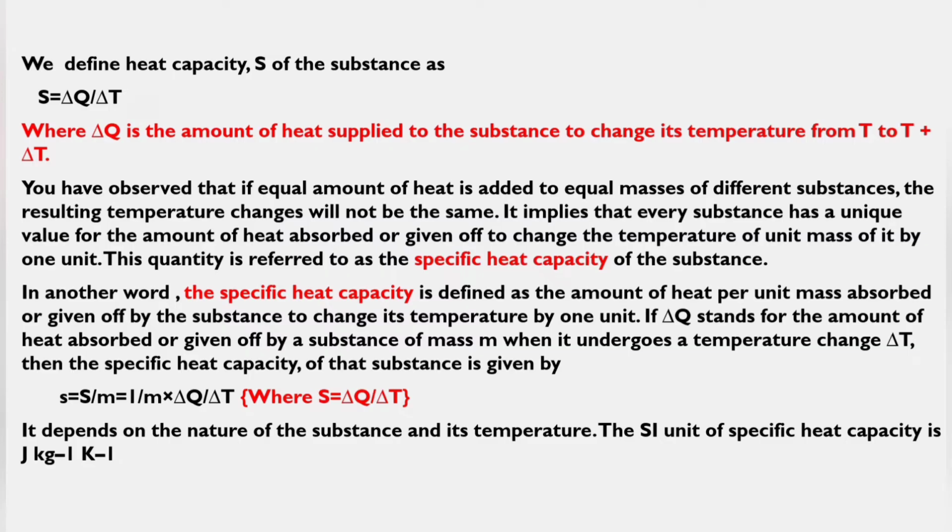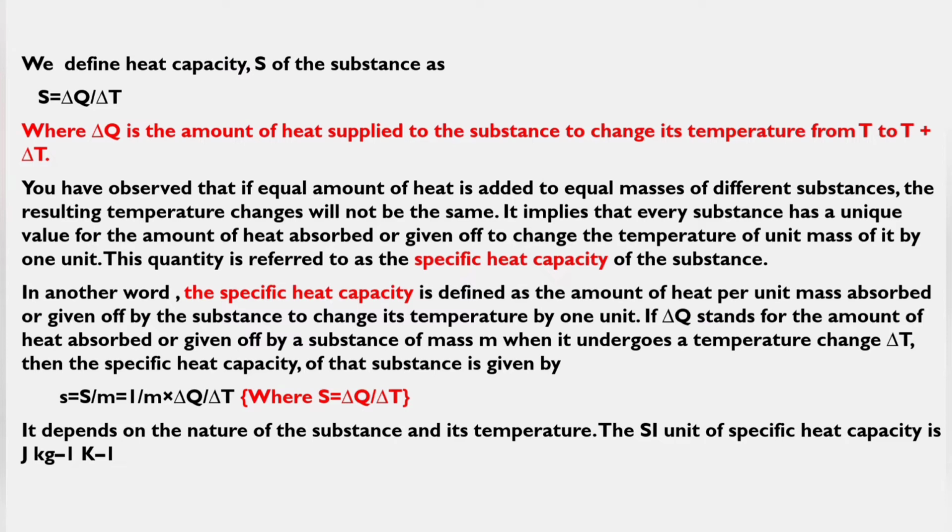Mathematically, we can define the heat capacity S of a substance as S equals delta Q upon delta T, where delta Q is the amount of heat supplied to the substance to change its temperature from T to T plus delta T.